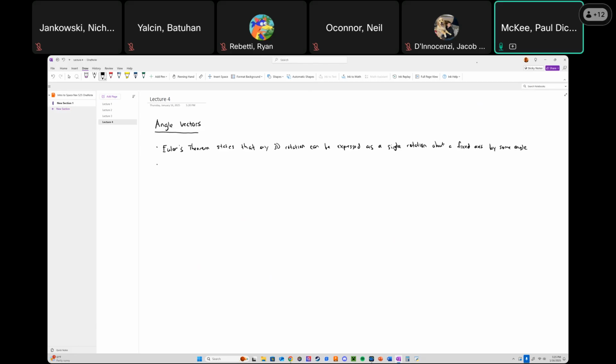So by necessity, points lying along this axis will have the same value in the initial and final frames.